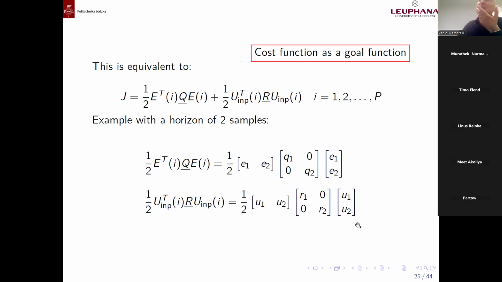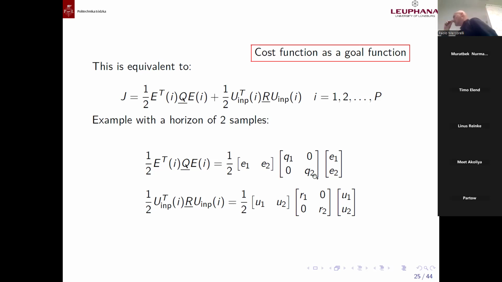It depends on what for me is more important. If it is more important to minimize the error E1 with respect to the error E2, in this case Q1 must be larger than Q2. Think about Q2 equals 0.